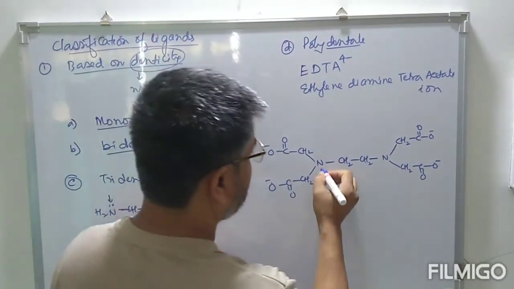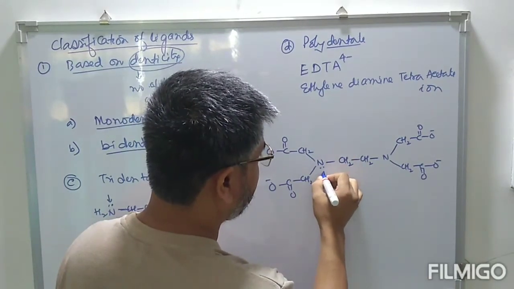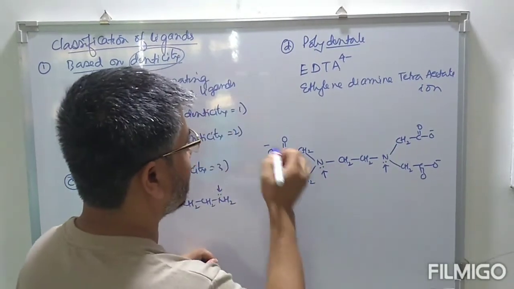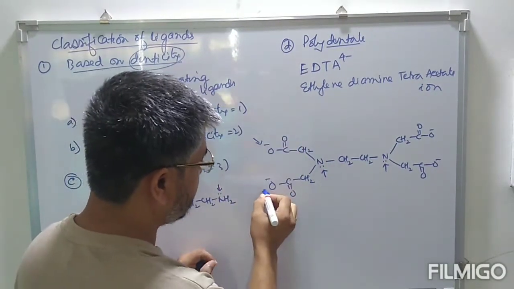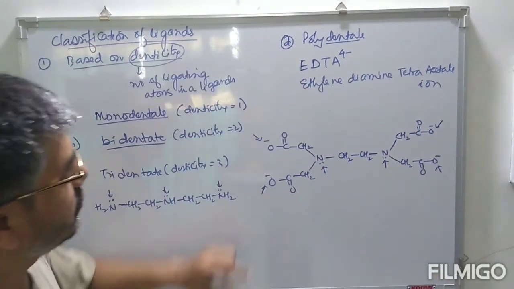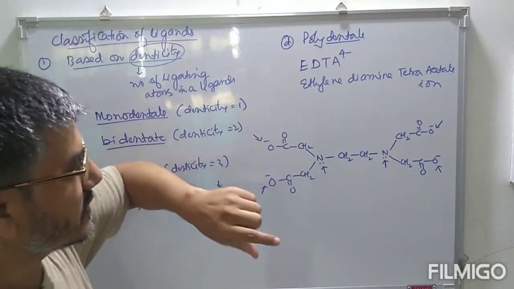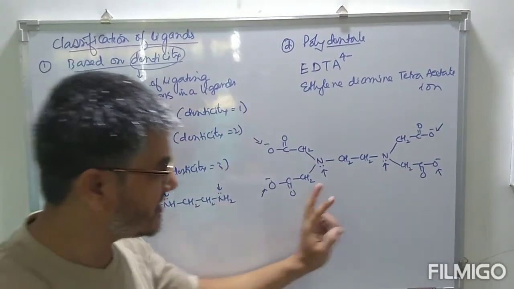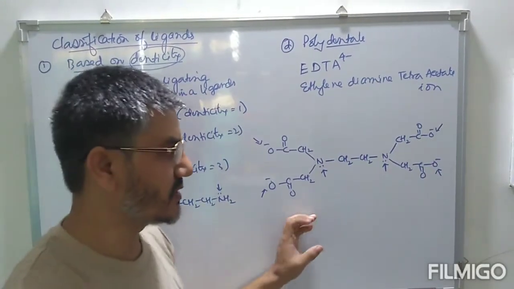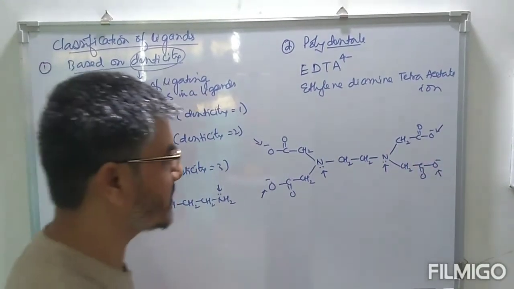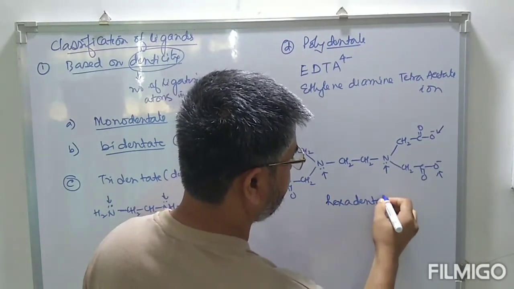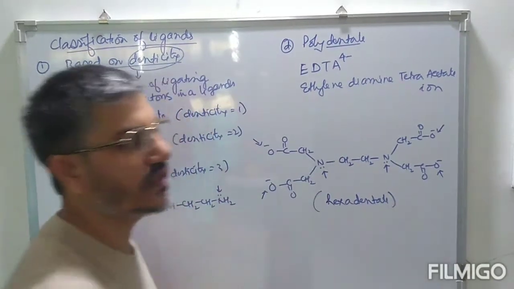Now nitrogen has a lone pair, acting as a donating site. Oxygen has an electron pair, oxygen an electron pair, oxygen an electron pair. So EDTA is one ligand, but there are 6 atoms through which a chemical bond can be formed with the central metal. Since the ligating sites are 6, we say this is hexadentate. So this comes under polydentate.